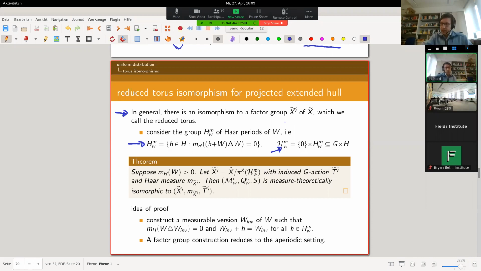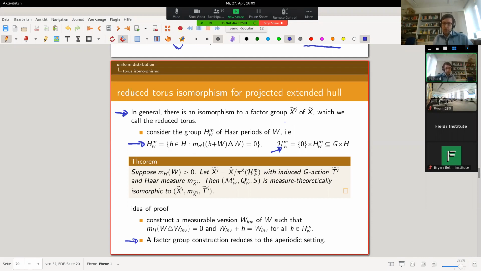So how do you prove this? It's a bit nasty to prove this because you have this measurable notion of periodicity, and the naive idea would be to do some sort of factor group construction and do everything.